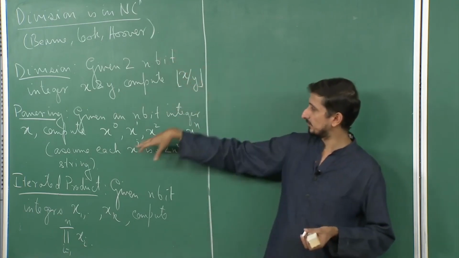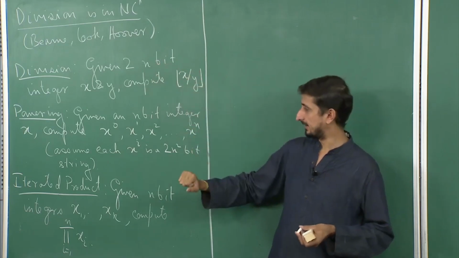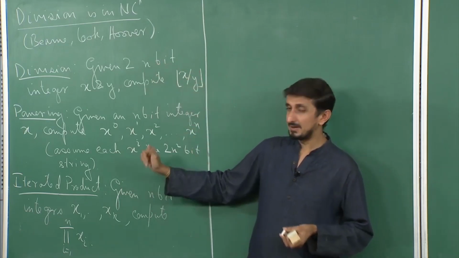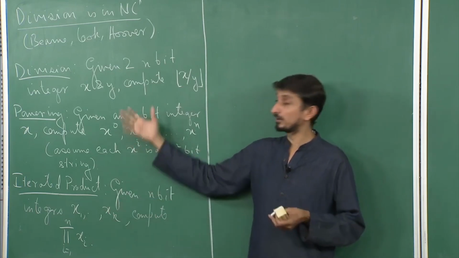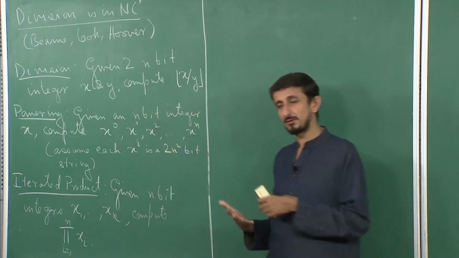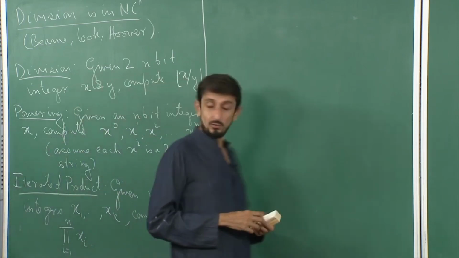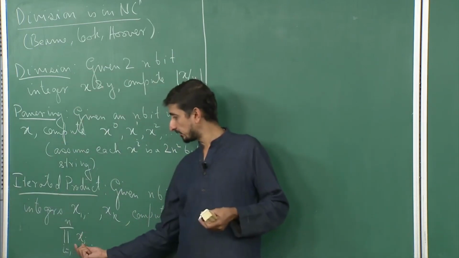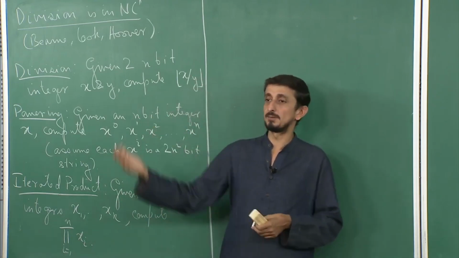We will show that division also reduces to powering, and maybe later on we will show that iterated product also reduces to powering. So, that is actually quite a non-trivial thing, which says that, well, if I want to compute the iterated product of n bit integers, it is enough to compute powers of some number.